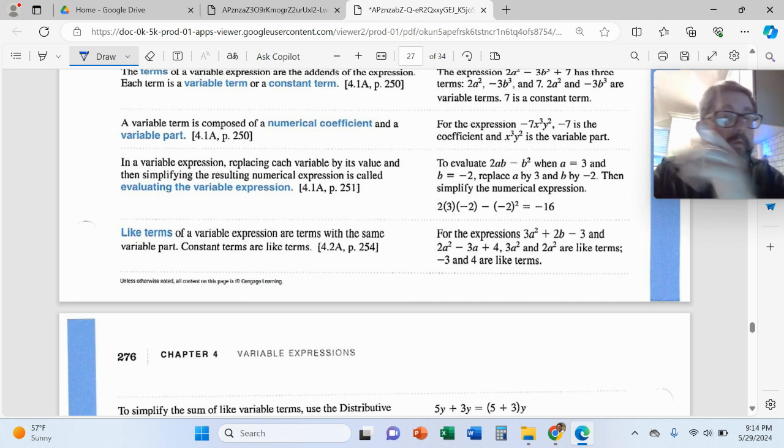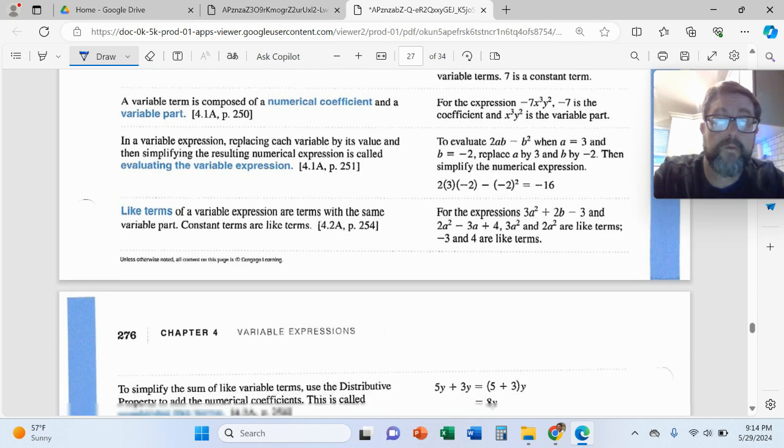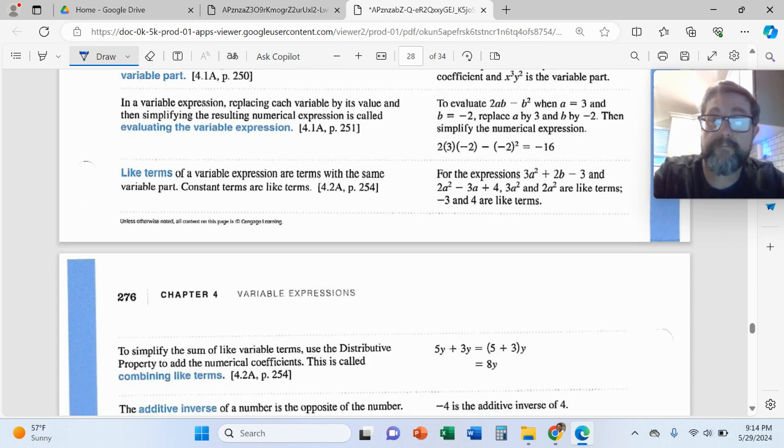In a variable expression, replacing each variable by its value and simplifying the resulting numerical expression is called evaluating the variable expression.